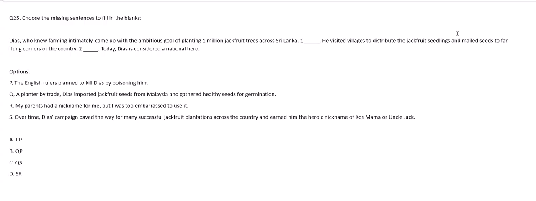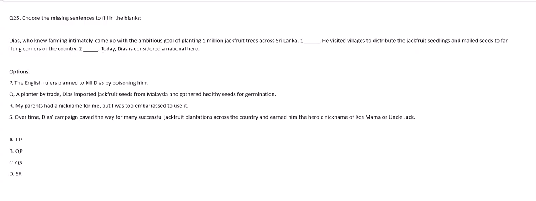First of all he kept a goal that he has to plant all the trees, and another sentence is blank. The following sentence is telling that he distributed all the jackfruit seeds and mailed the seeds to far-flung corners of the country. Means he has distributed all the seeds that he has gathered to all the corners of the country.